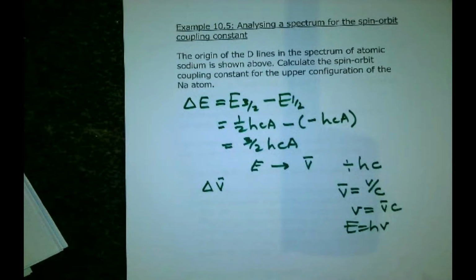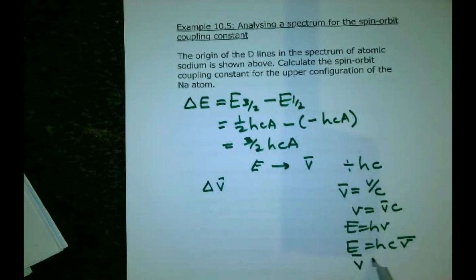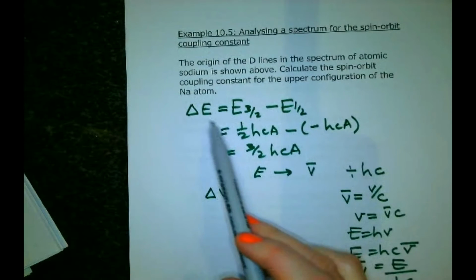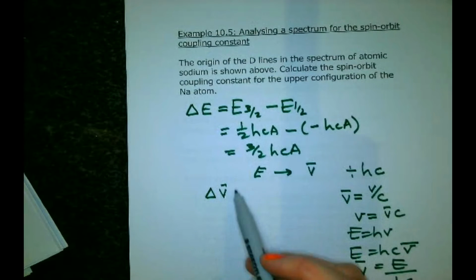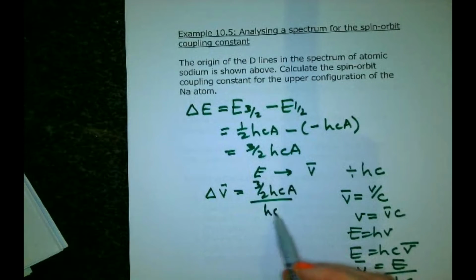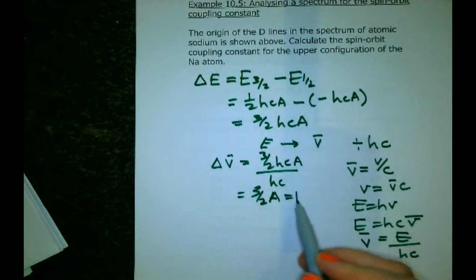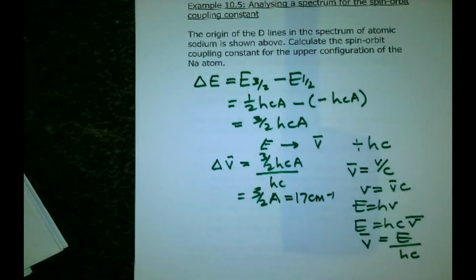That is nu. So E is hc nu bar, if we replace nu with that. So if we want to get that, it is just E divided by hc. So going from delta E to delta nu bar, it's 3/2 hcA divided by hc is 3/2 A. And remember we said in the sodium spectrum that is equal to 17 per centimeter.